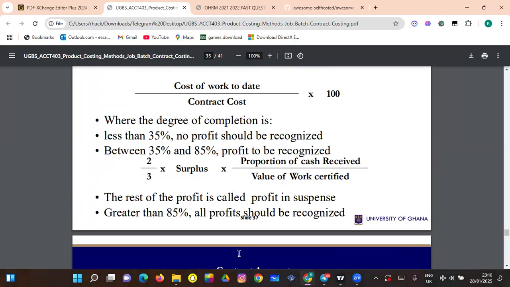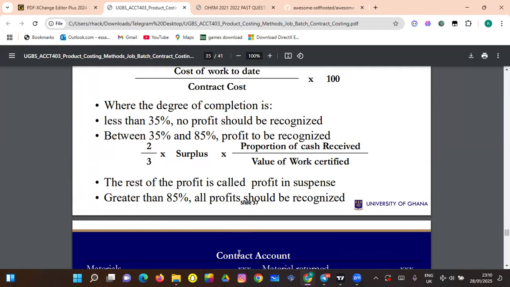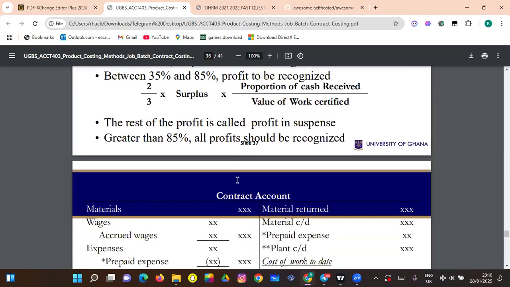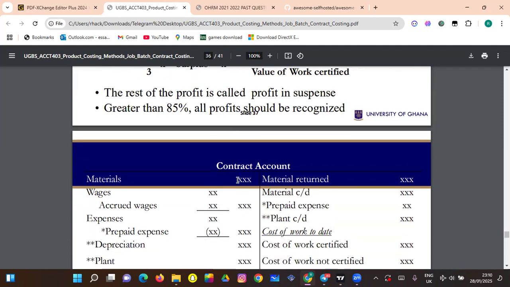Between 35 and 85%, profit has to be recognized. The formula we use is 2/3 times surplus times proportion of cash received over value of work certified. The rest of the profit is called profit in suspense. Greater than 85%, all profit should be recognized.